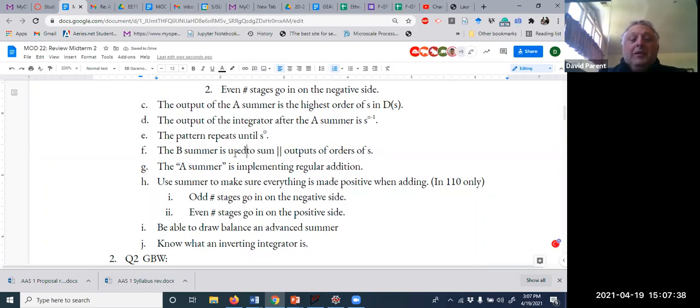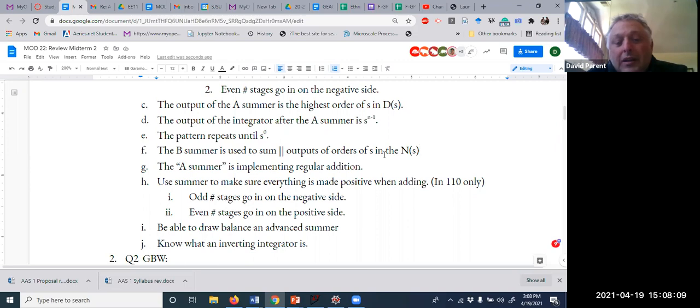Now, the B summer is used to sum the parallel output of the orders of S, okay? And I should say in the numerator. All right. And I'm just going over the sheet now. I'll go and, you know, find some examples of what that means.